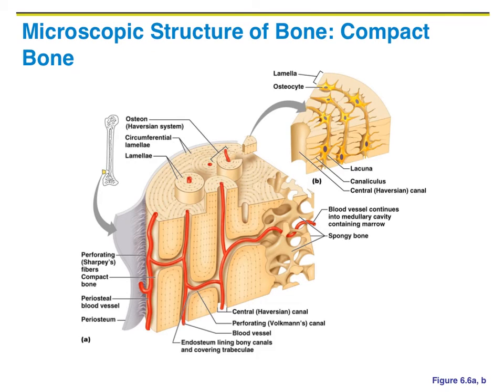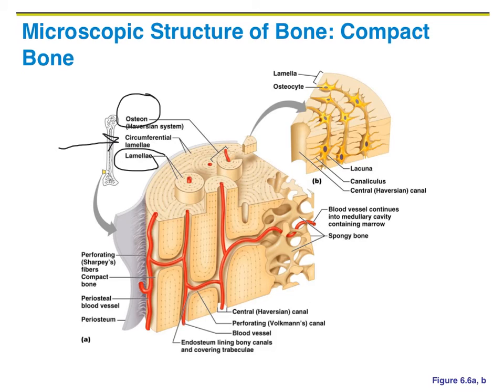This is a microscopic structure of compact bone. Here we can see the structural units known as osteons. Osteons are surrounded by layers of collagen known as lamellae. Lamellae found in between the osteons are known as circumferential lamellae.